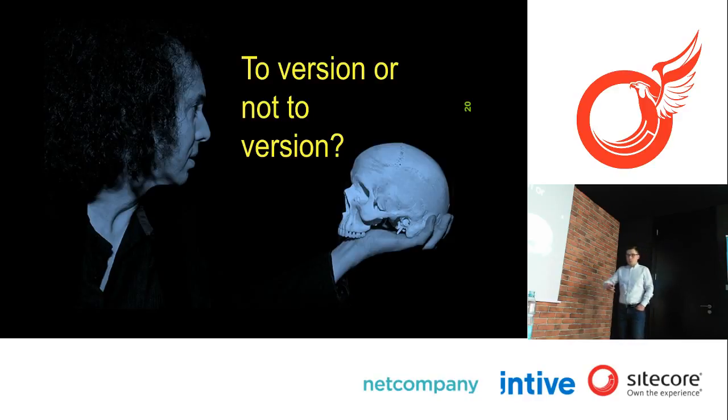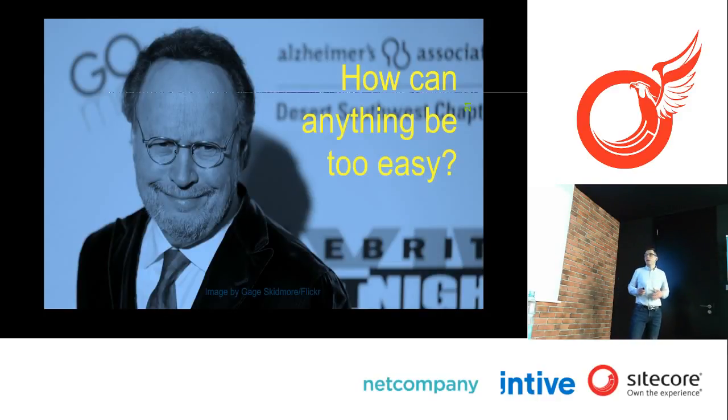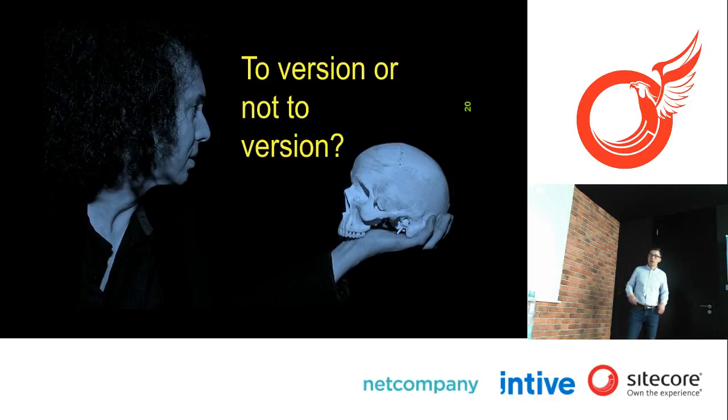And this leads to the problem: what actually should we version? It also depends on the structure of the team. So in our case, we have authors and developers, so we own the part of the site that is stored in the content tree that controls how the page looks.